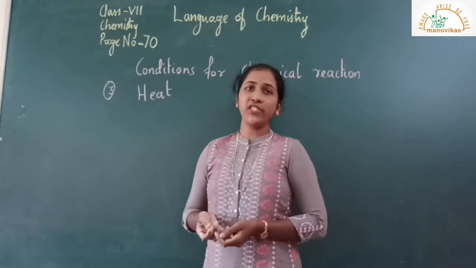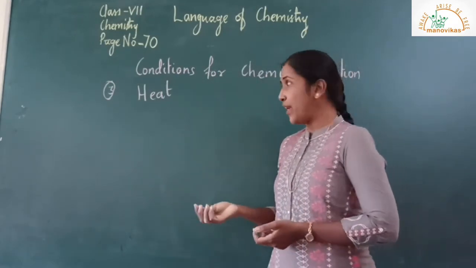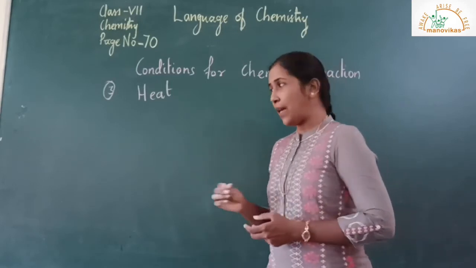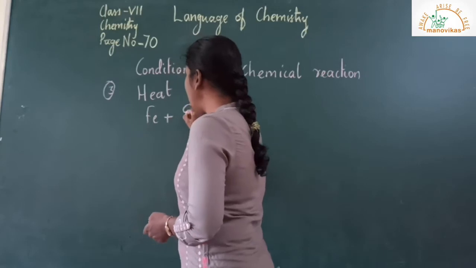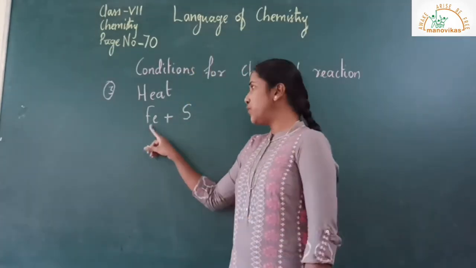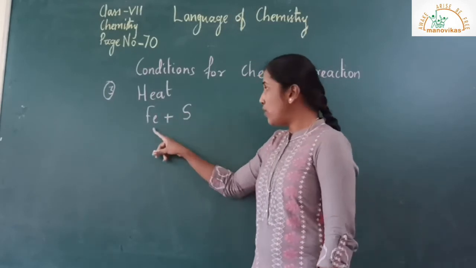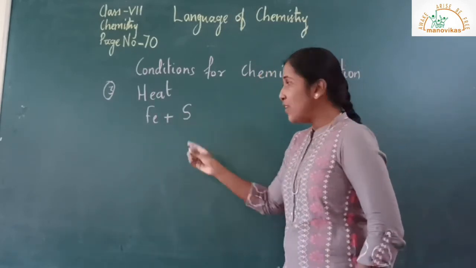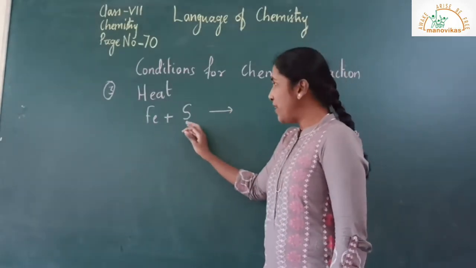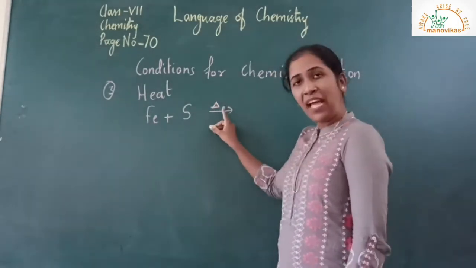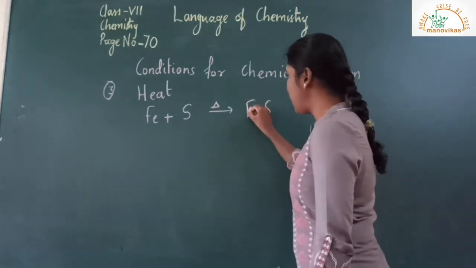Third one is heat. Certain chemical reactions can take place when the reactants are heated. In this we can take an example, that is Fe plus sulfur. Fe is iron filings and sulfur is a powder. If I mix this, I will not get anything. But if I mix and heat it with the supply of heat, what I am going to get is iron sulfide.